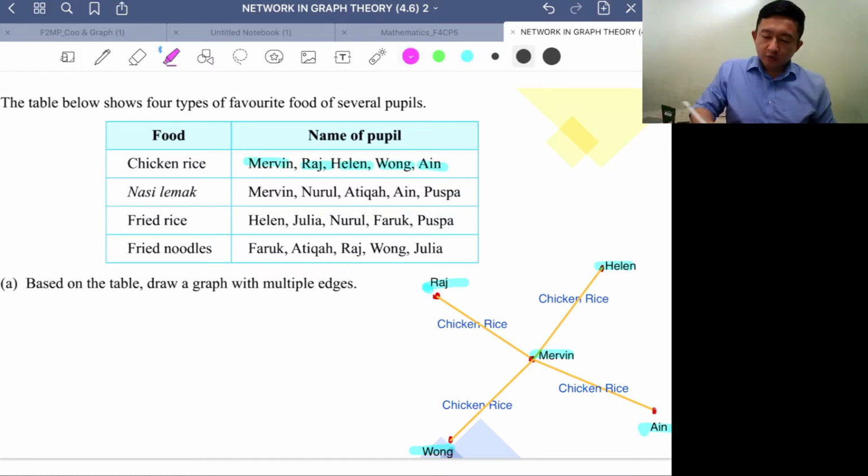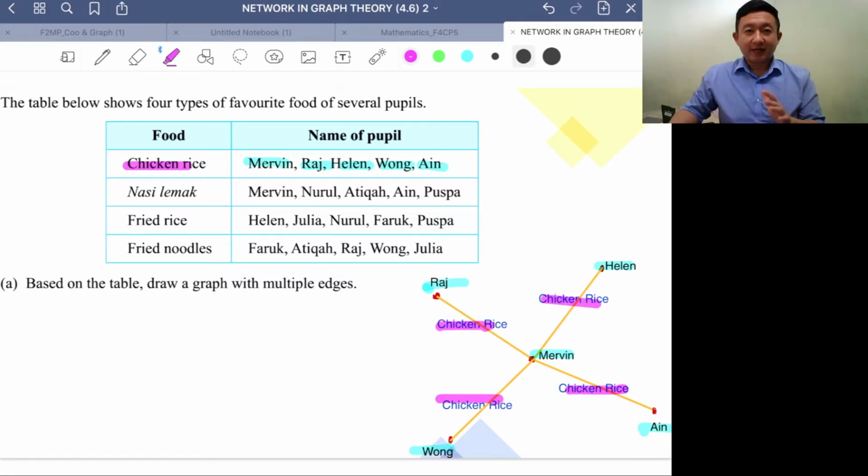So chicken rice will be the edges for the graph. The food as edges, student as vertex, and this is how you can relate all five of them through chicken rice.